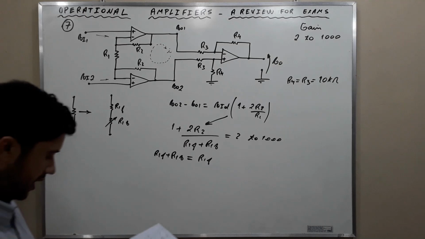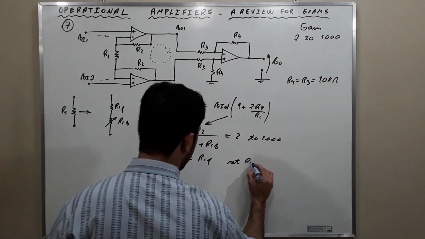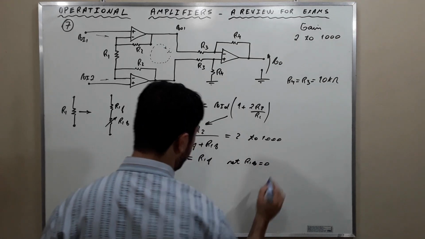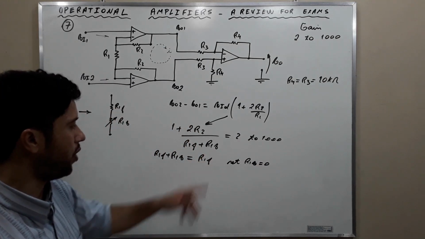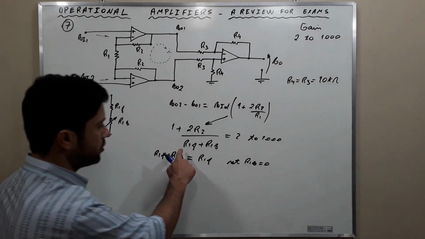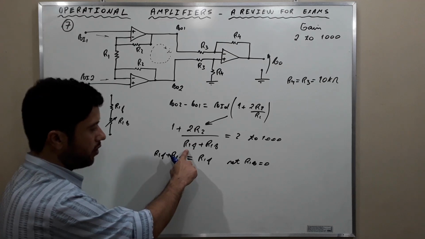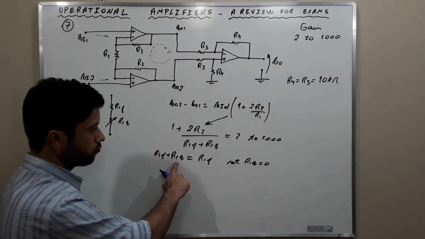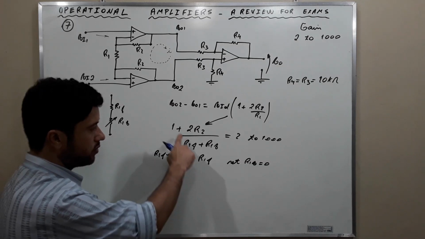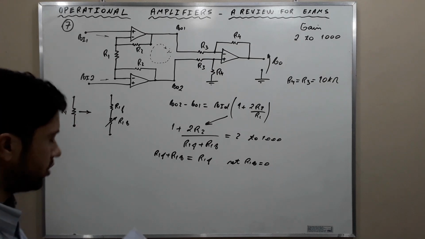We are going to set R1V to 0, and this is going to give the maximum gain possible. Why? Because the minimum value of the denominator is the one when R1V is 0, and it makes the entire gain the maximum.